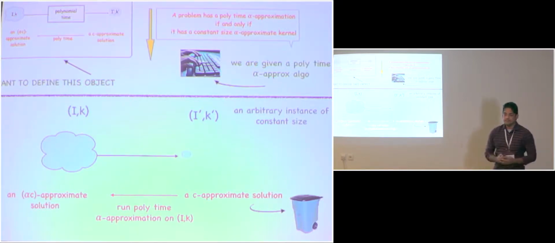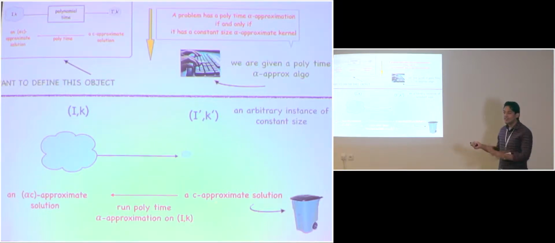This is it. But now to prove that this is actually something that I promised you, I need to prove to you that if someone gives me a c approximate solution for whatever I outputted, I should be able to come up with a meaningful alpha c approximate solution for the original instance. This is what the model requires me to do. And how do I do this? It's very simple. If you give me a c approximate solution for this, I'm just going to throw it away, because this was meaningless, so your c approximate solution was also meaningless.